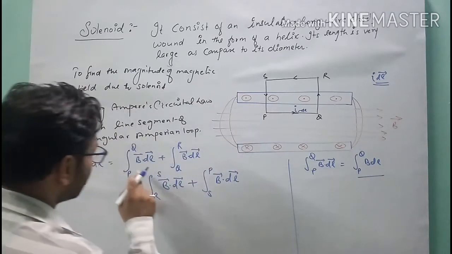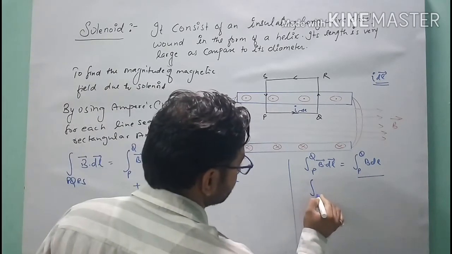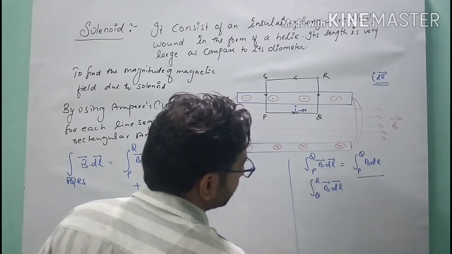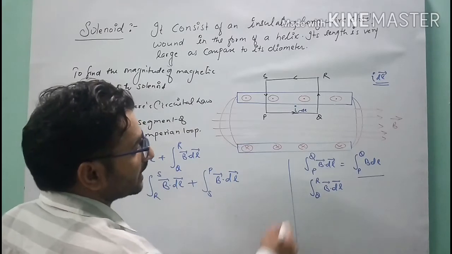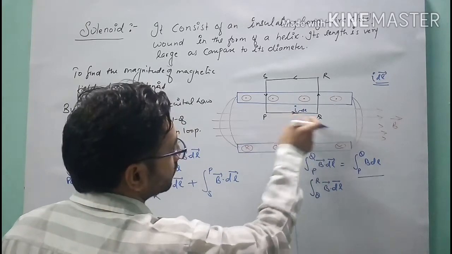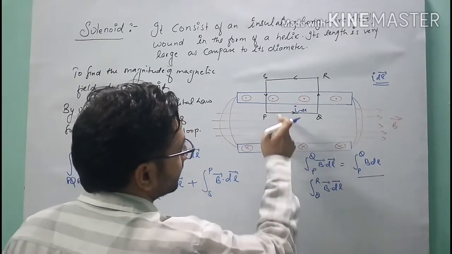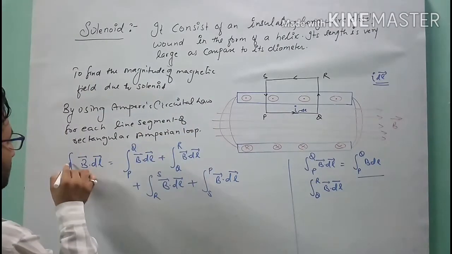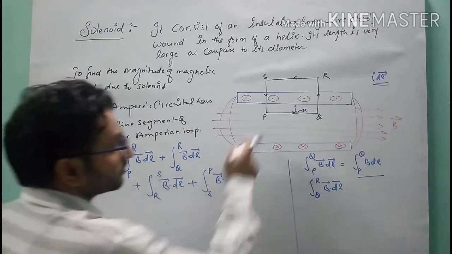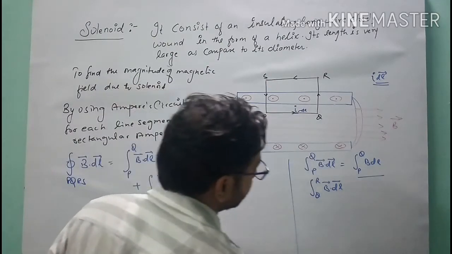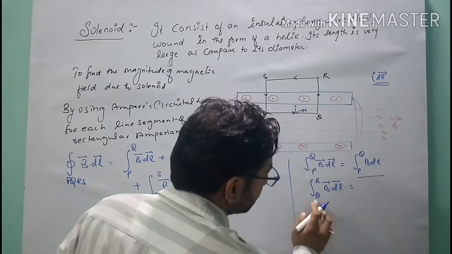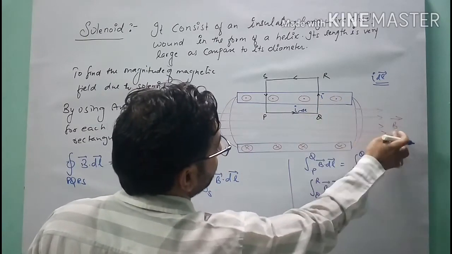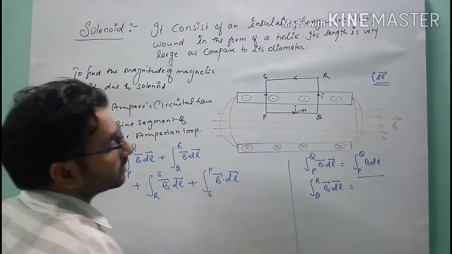Okay. Next, when we talk about the Q to R case, the dot product of B dl, or you can say the closed line integral, because here it is not a closed line integral, here the integral is in linear form. This one is closed, so I can use here the closed line integral, because PQRS is a closed rectangular Amperian loop. So here B dl from Q to R. As we know that the direction of current and the direction of magnetic field are mutually perpendicular.